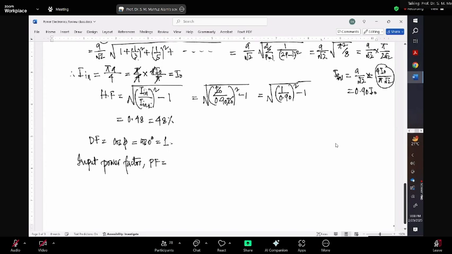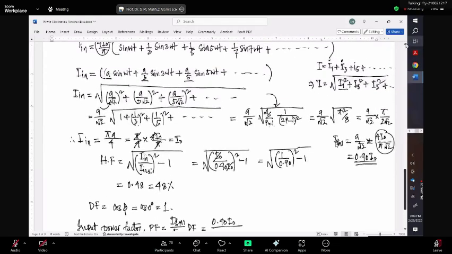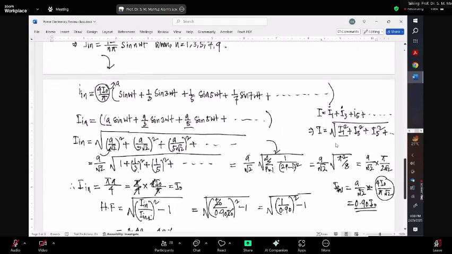PF, as we have known now, should be I in 1 over I in multiplied by the displacement factor. So what is your I in 1? We have just calculated that, 0.90 I naught, over what is I in?